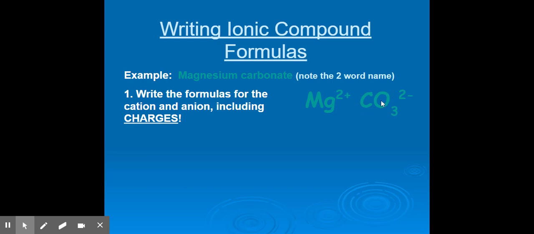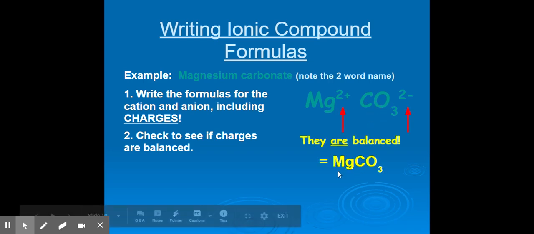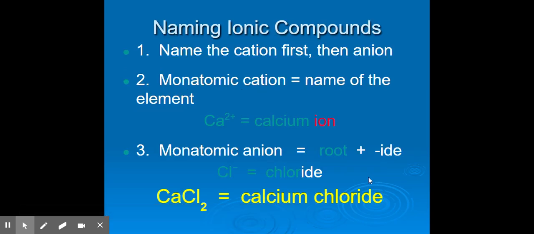Carbonate cannot be broken up. It works together as one. All right, we have the plus and then the minus, and they actually are balanced because these are both 2s. So once we get that, we can just write MgCO3. Remember this CO3, this 3 is part of that carbonate group, so it does not affect the balance at all. It's just part of this group.